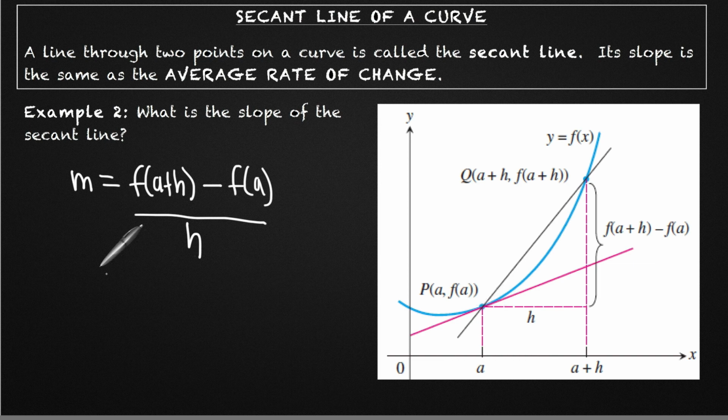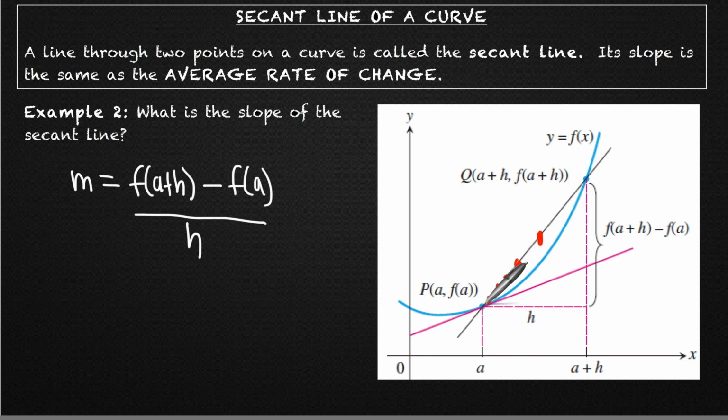But now watch what happens. Let's say we wanted to find the slope of this tangent line right here. Well, what would happen if we allowed the space between these two x's to get as close to 0 as possible? Let's say we moved it here, then we moved it here, then here, then here.